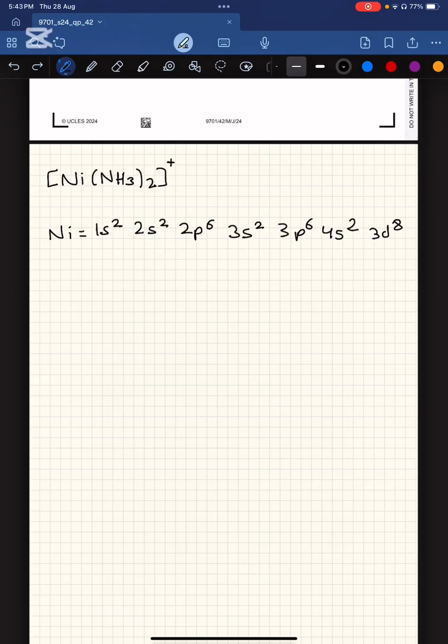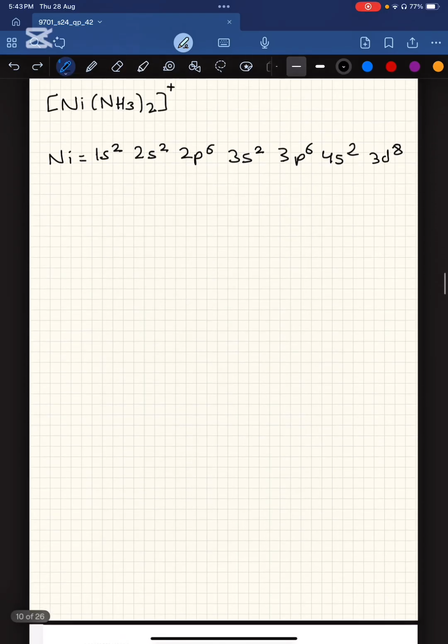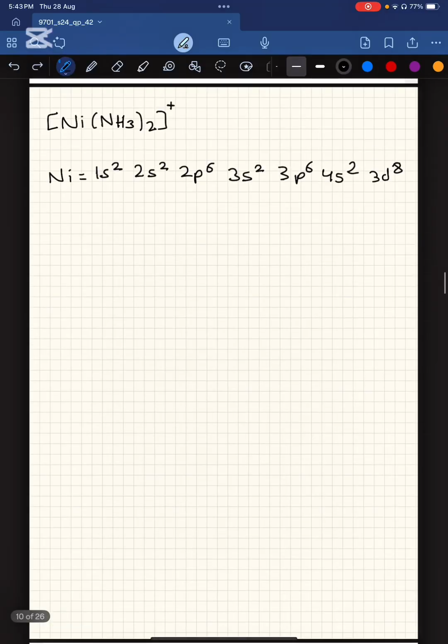We would only do that if the d subshell was going to be stabilized. Now, let's understand this first. When does the d subshell become stable and when does it become unstable? The d subshell only becomes stable if it is half filled or fully filled. Half filled meaning 3d5, fully filled meaning 3d10.